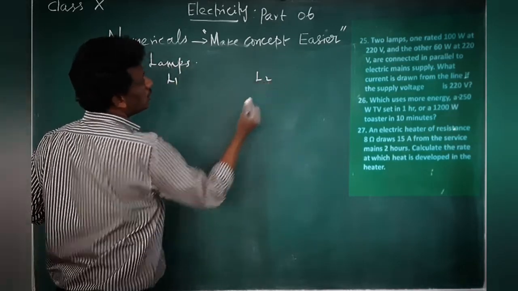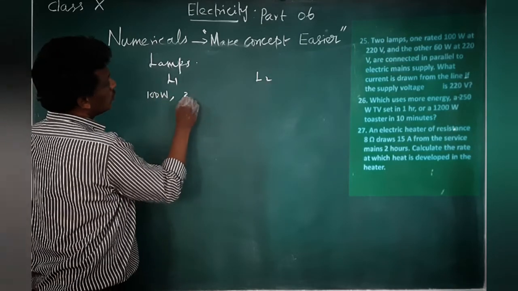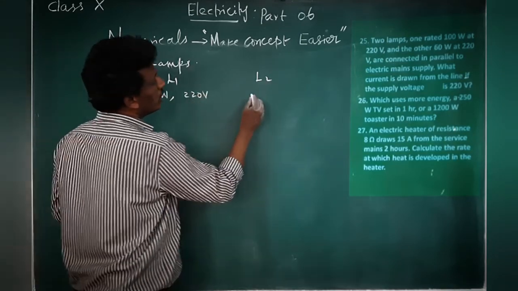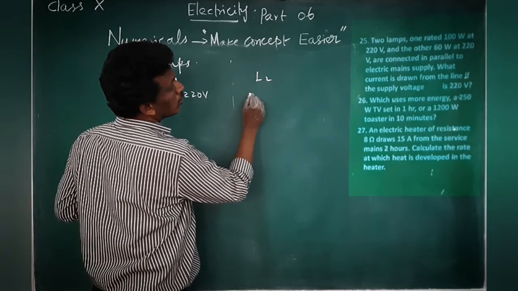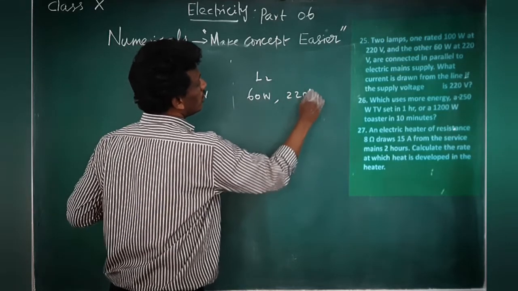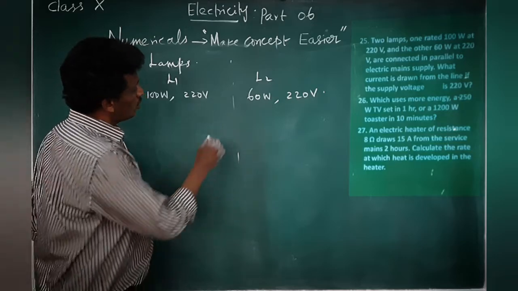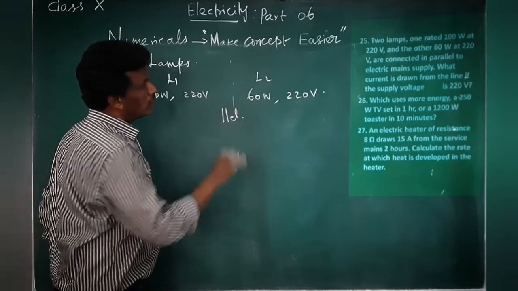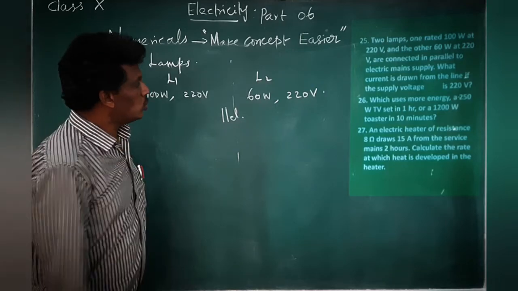The two lamps: L1 is 100 watt, 220 volt. L2 is 60 watt, 220 volt. How are they connected? In parallel, with a voltage of 220 volt.